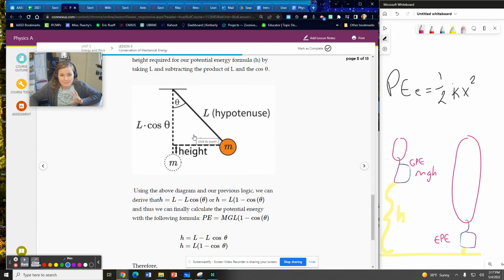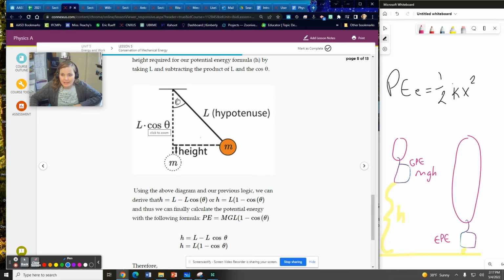Remember, we did some of this previously with our kinematics and our vector problems, but if the length is the hypotenuse, leg squared plus leg squared equals hypotenuse squared, right? This is also a sine, cosine, tangent function, SOHCAHTOA.